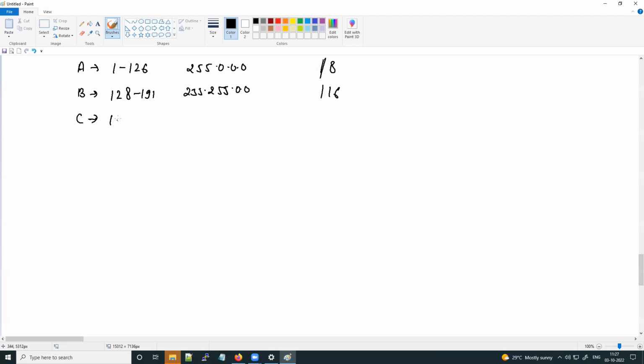Class C is 192 till 223, with 255.255.255.0 and /24. This is the prefix notation, and this is the CIDR. Sorry, subnet. Prefix and CIDR. This is the subnet or net mask.